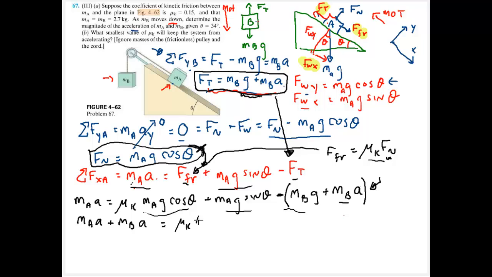My normal force, and then that minus sign goes right there as well. Now I can pull out the like term, the acceleration.